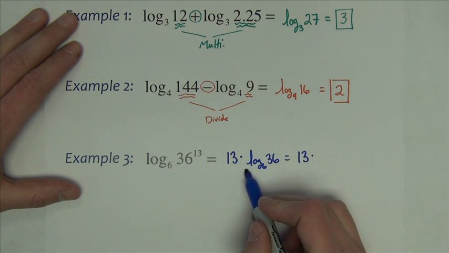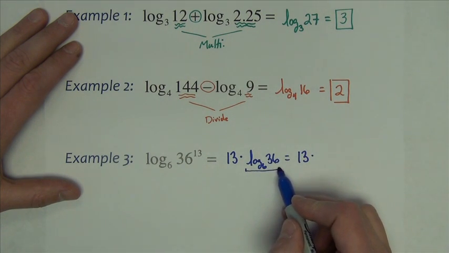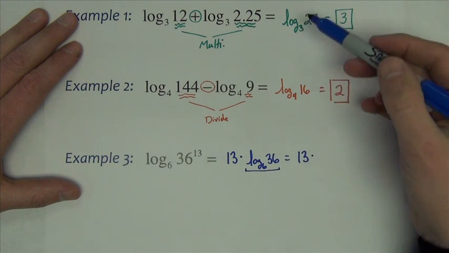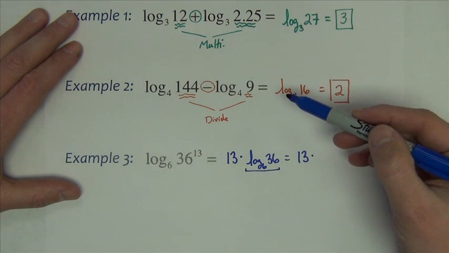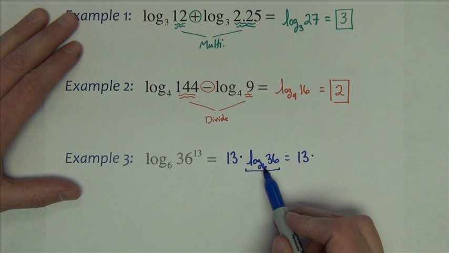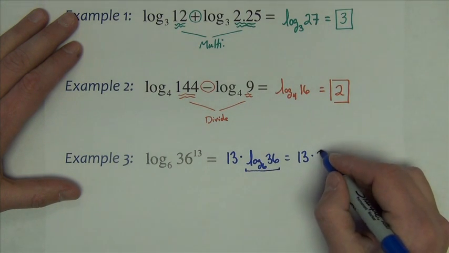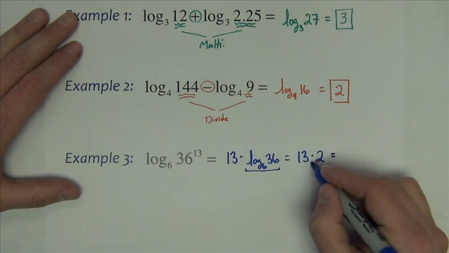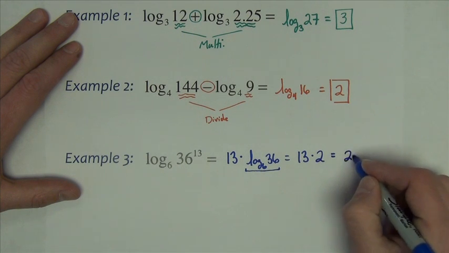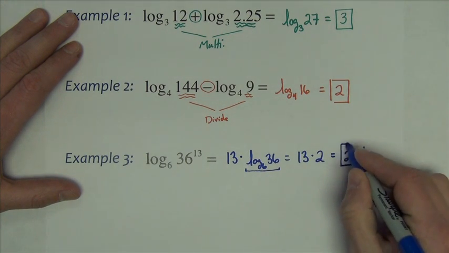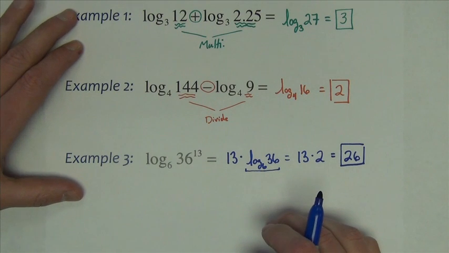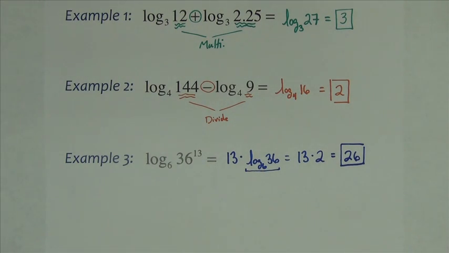Now the log base 6 of 36 is the same evaluation problem as these here. I'm just thinking of a power. 6 raised to what power is 36? The answer is 2. I can now multiply 13 times 2. The answer is 26.